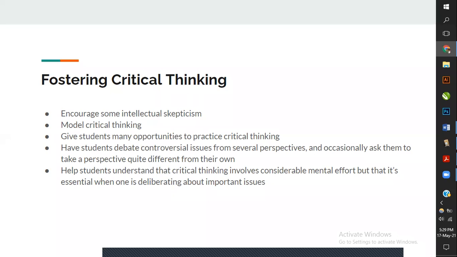We start with encouraging some intellectual skepticism. What do I mean by that? You need to encourage these individuals. Don't let them not want to participate. Go out, encourage them, ask them, let them participate, or even model critical thinking.